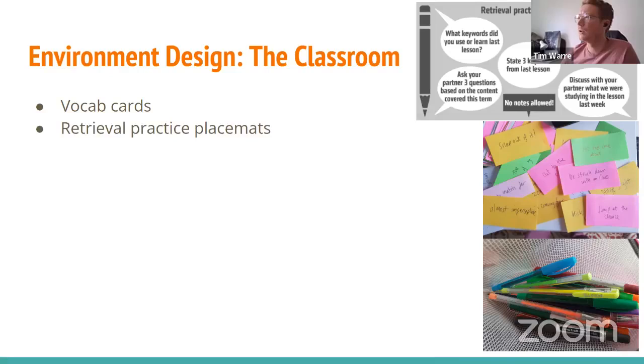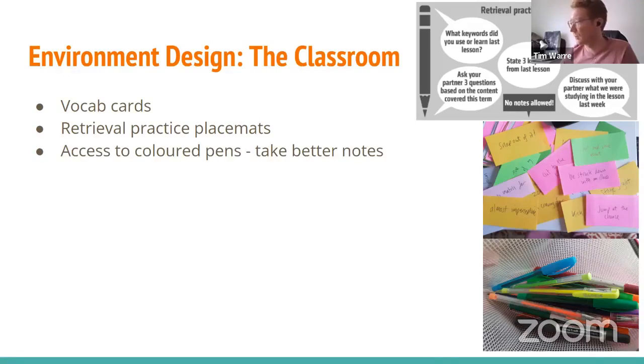I also started using these things called retrieval practice placemats, which we'll look at in a moment. I also give them access to colored pens. Teaching university age students, and I'm sure lots of you teach teenagers as well, sometimes you're lucky if they turn up with a pen at all, or one scrap of paper that they're trying to write all their notes on.